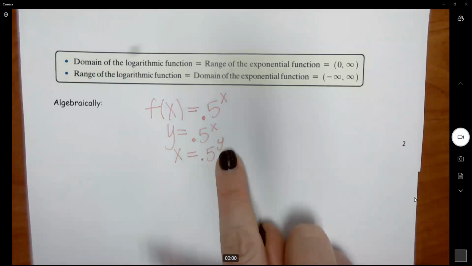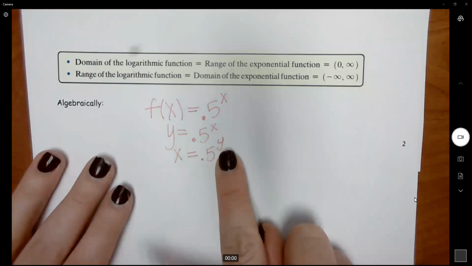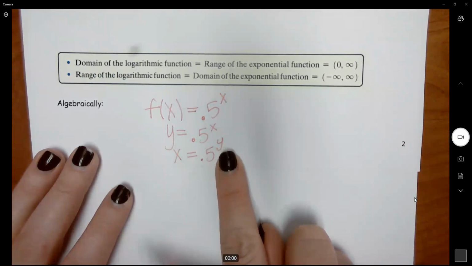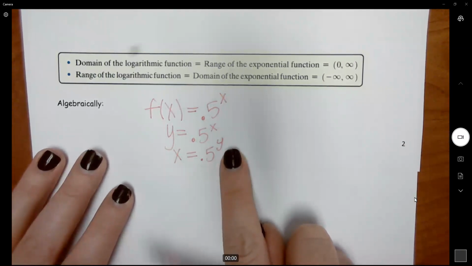Well, I don't have a way, algebraically, to solve for a variable when it is in the exponent position.